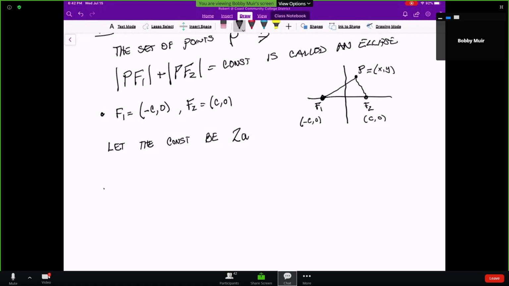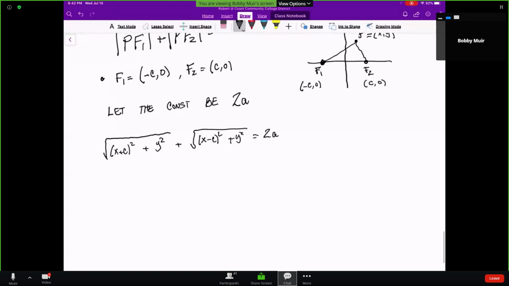The square root of (x + c) squared plus y squared, plus the square root of (x - c) squared plus y squared, has to equal 2a.